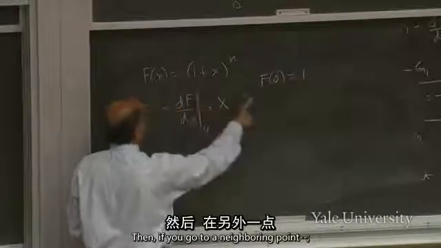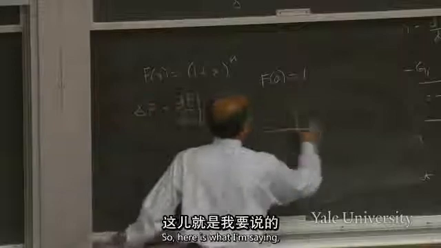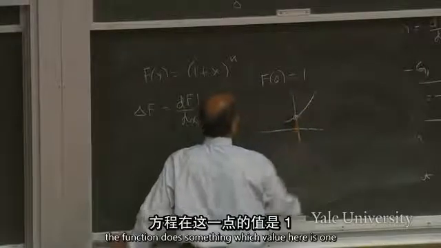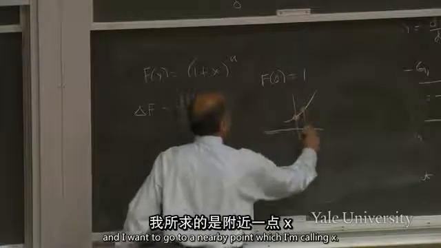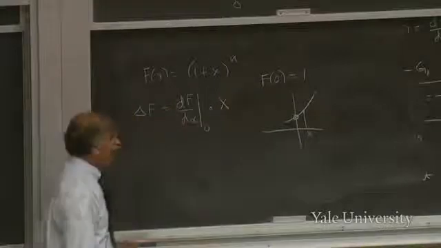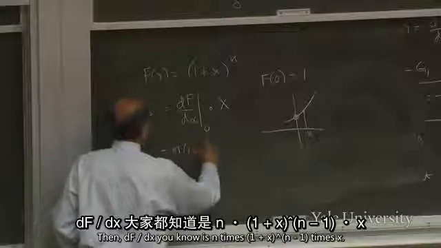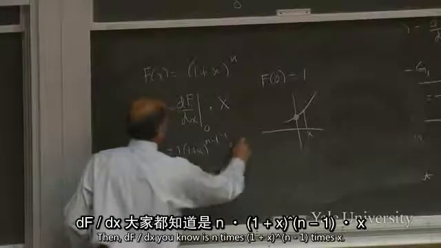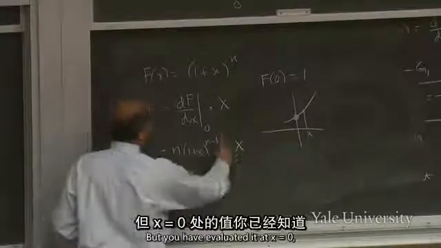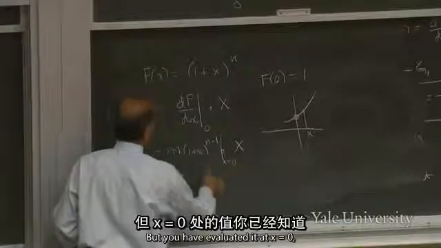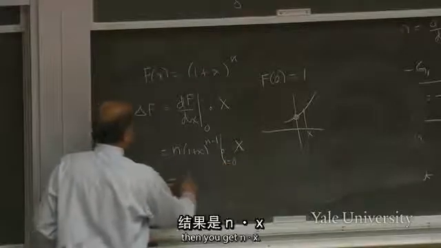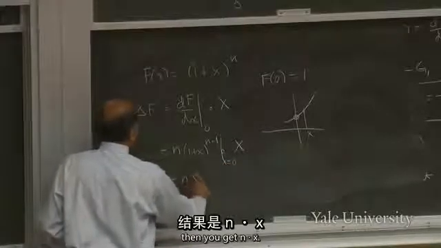Then if you go to a neighboring point, so here's what I'm saying. The function does something, its value here is 1, and I want to go to a nearby point, which I'm calling x. Then df dx is n times 1 plus x to the n minus 1, but you have to evaluate it at x equal to 0. So this goes away. Then you get nx.